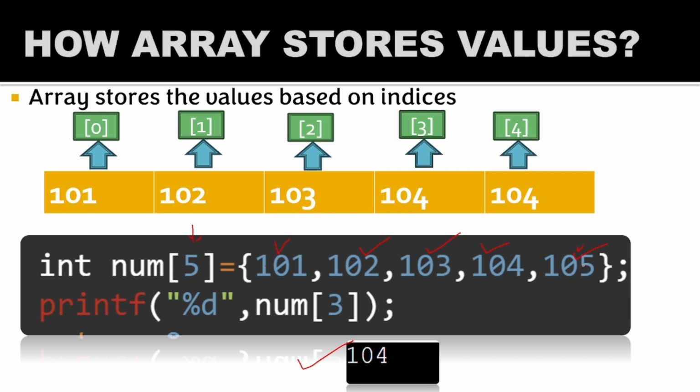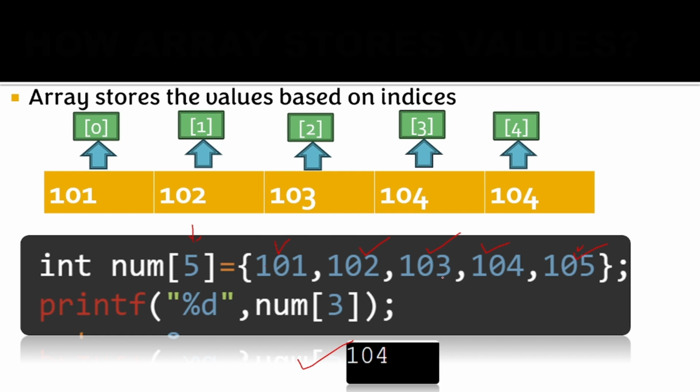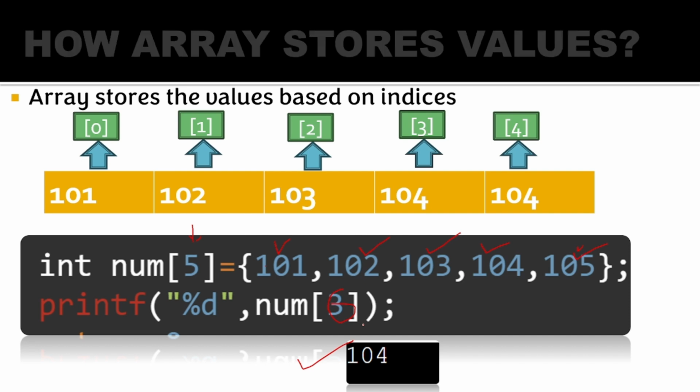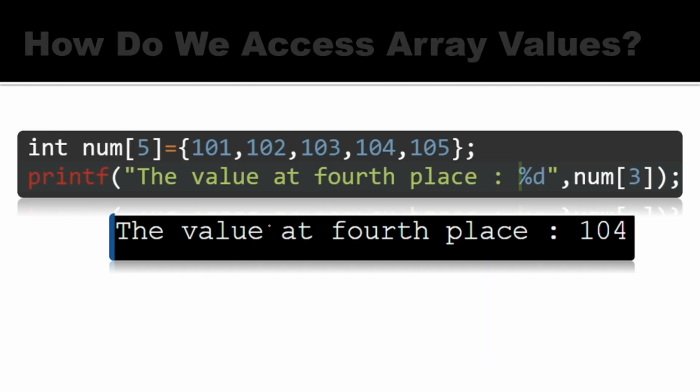So the maximum index of this array of size 5 will be 4. If you try to access, instead of 3, say 6, this will be out of index. I hope the concept of how the values are stored in an array is now pretty clear to you.